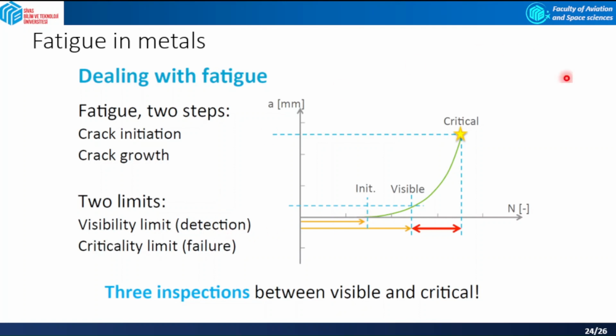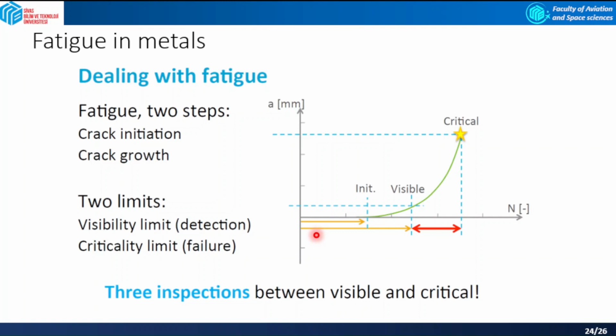This figure illustrates the relationship between the number of cycles and the length of the crack. Initially, there is a delay before the crack becomes visible, and this is known as the initiation period. During this phase, the crack remains very small and undetectable. However, you can use specialized equipment to detect cracks at an early stage as well.